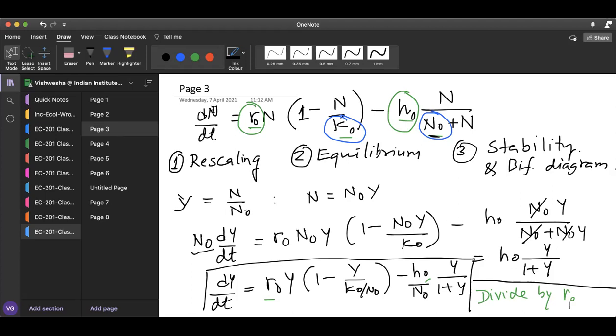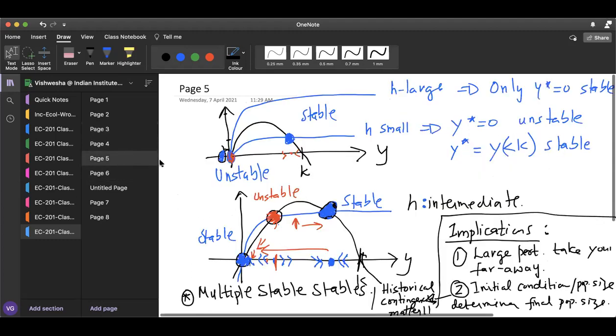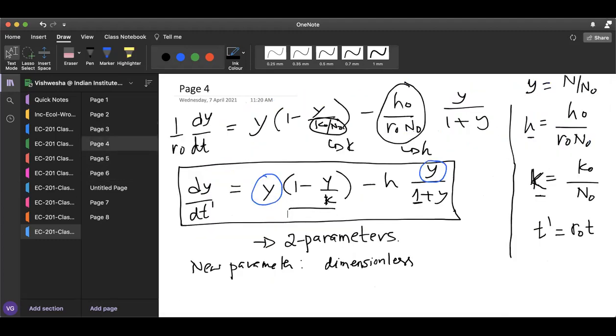See, remember earlier, carrying capacity was when we were writing the equation in terms of capital N. Carrying capacity becomes small k, which is K0 by N0. So we have scaled our new carrying capacity with the population size N0. Remember that even the population measurement has been scaled by the same thing.